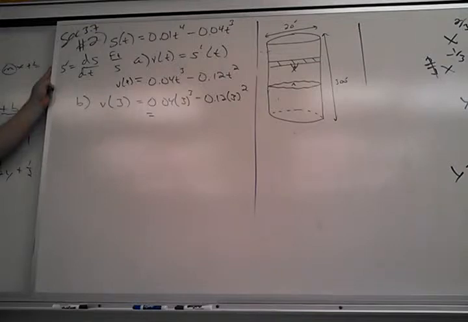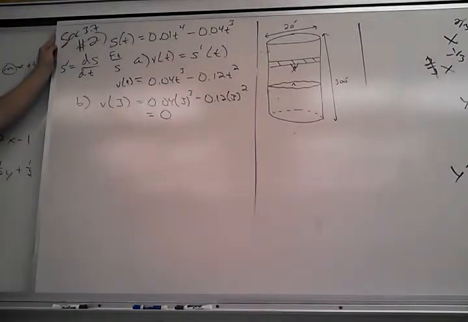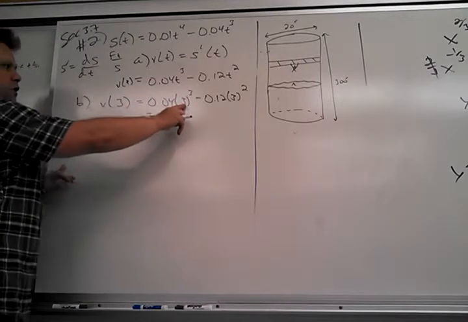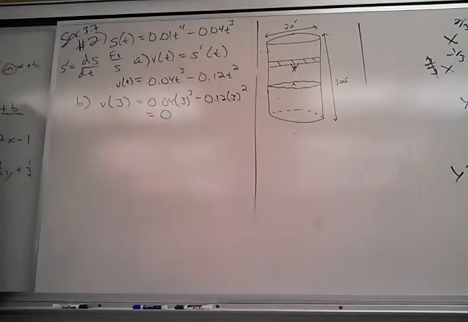Is it 0? Yes, it's 0. Of course it is. You always look for tricks like, if you took one of these 3's out, it's 0.12 times 3 squared, 0.12 times 3 squared, so of course that's 0.